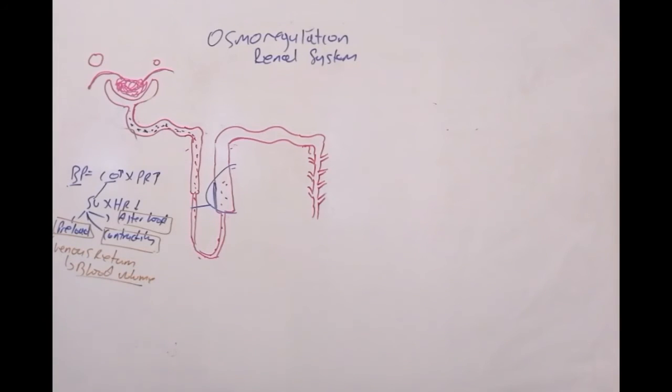Blood volume, the amount of blood in the circulation, is dependent on the plasma or the water portion of blood. So if you decrease a patient's blood volume, you will decrease their venous return, decrease their preload, decrease their stroke volume, decrease their cardiac output, and eventually decrease their BP, right?